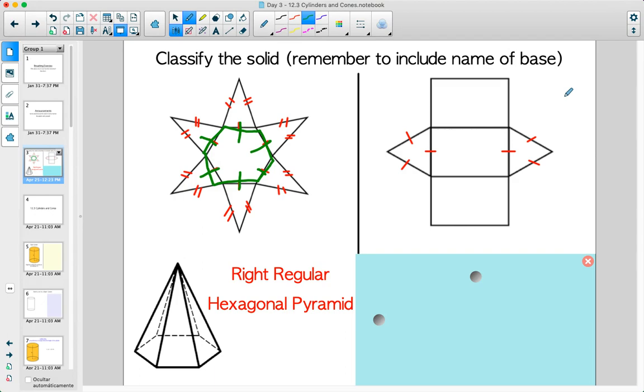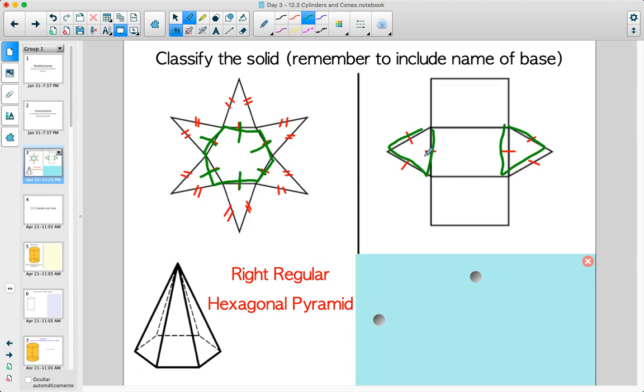All right, this one is, it could be confusing, but this one has two triangles that are equilateral because of the tallies. And notice how there's only two of those. So that's going to give you a clue that that's not a pyramid, because a pyramid has the whole perimeter are triangles.